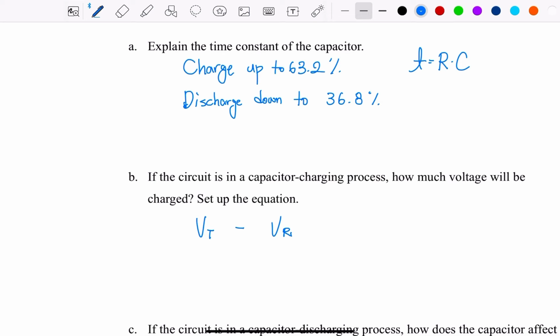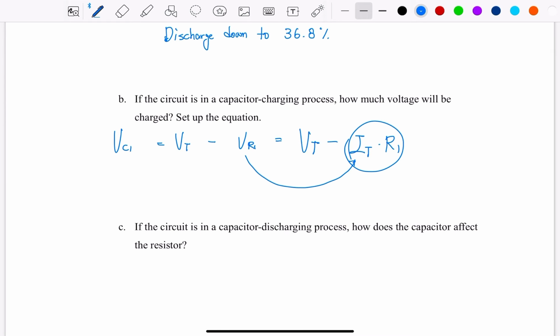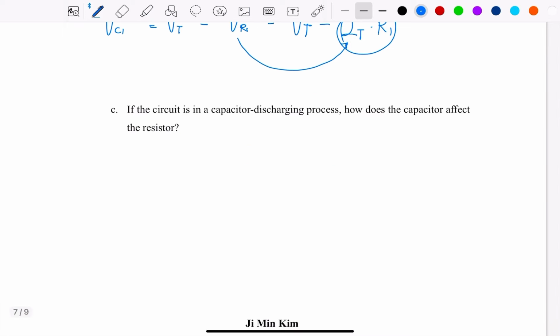Actually, this is the charged voltage of the capacitor, and it will be just like this. I just used Ohm's law to explain it in more detail. So this is the equation I want. Let's move on to the next question.